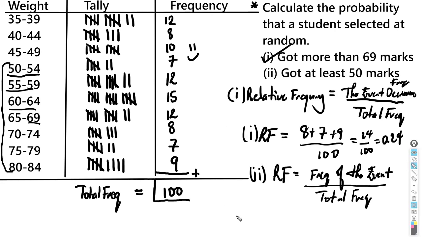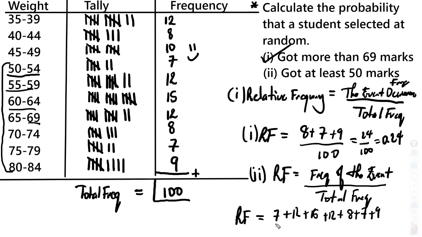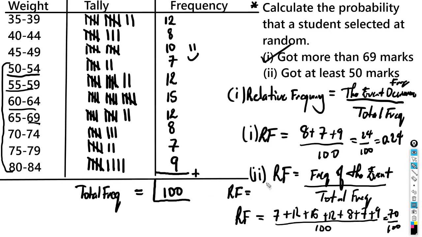So I actually need to add all of those in order to get the answer. So it's gonna be 7 plus 12 plus 15 plus 12 plus 8 plus 7 plus 9. All right, and this should be over the total frequency, which is 100, and you should actually get 70. Okay, guys, over 100. So the relative frequency for part 2 is actually equal to 0.70.